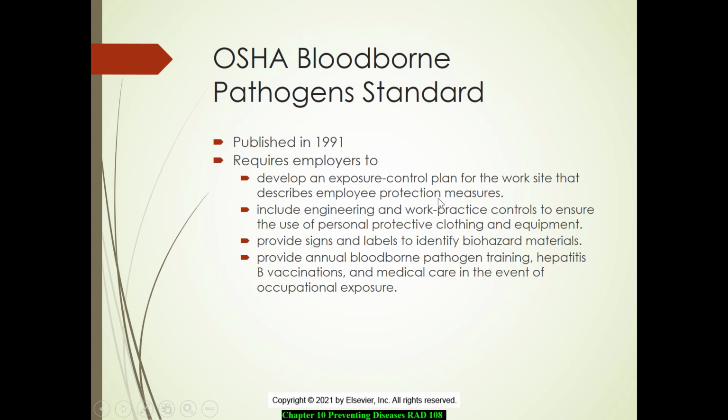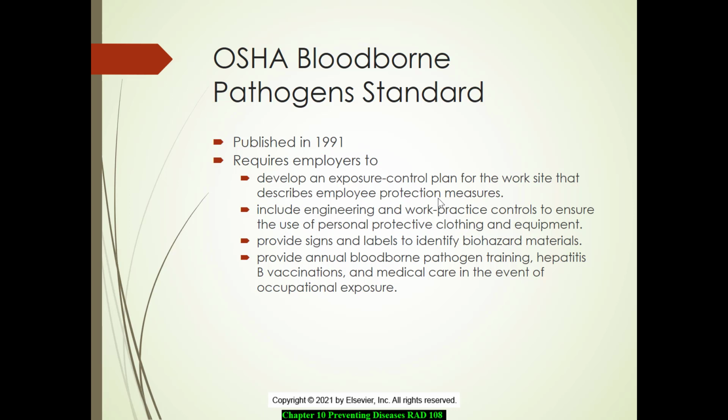If you have someone from engineering that's going into a patient's room, they still have to follow the personal protective clothing and equipment precautions for that room. There must be signs and labels to identify any biohazard material in addition to what the isolation precautions are in place.